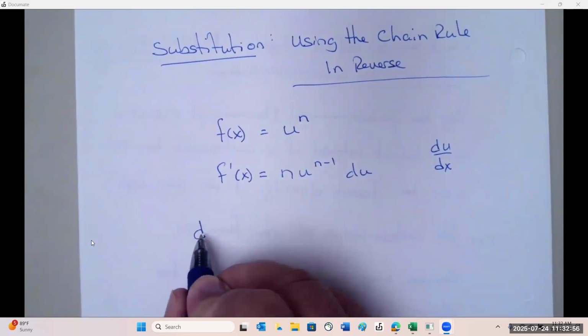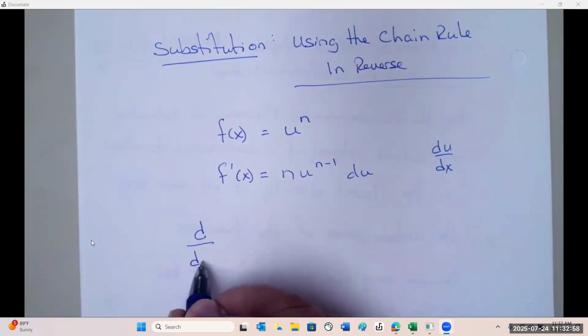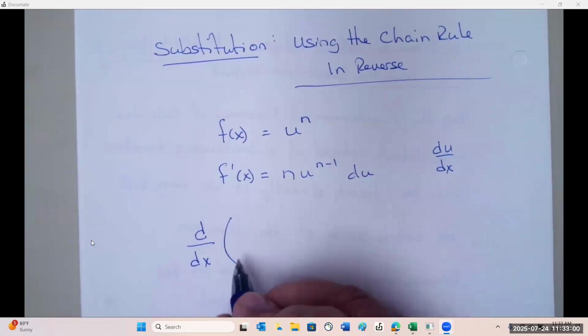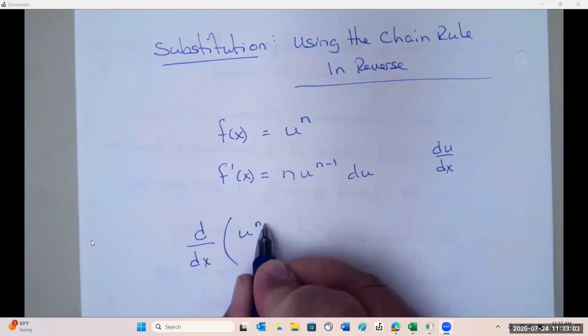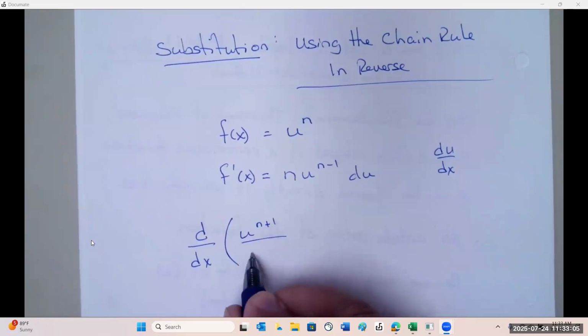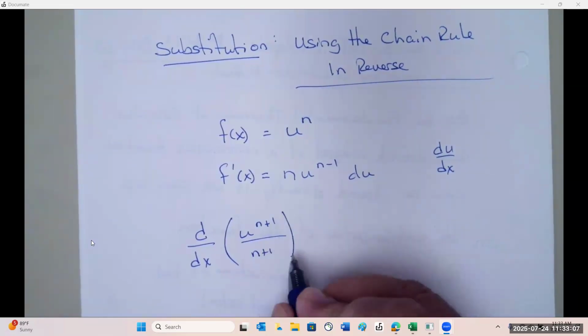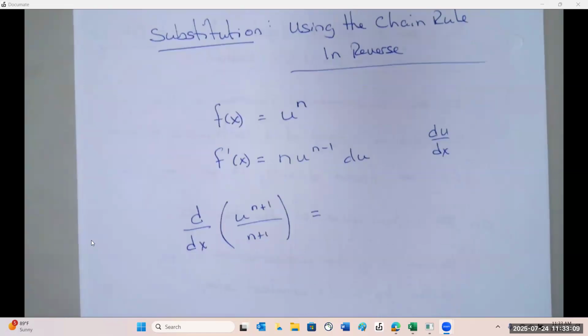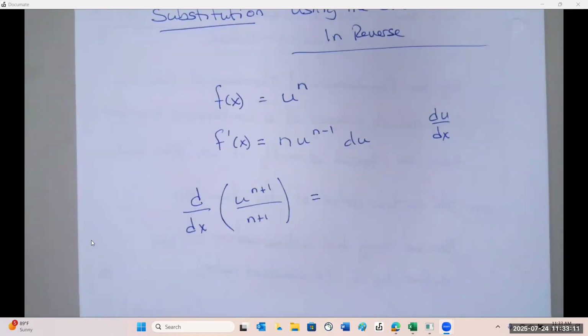So it's going to be backwards. If we had the derivative with respect to x of u to the n plus 1 over n plus 1, what would that equal?